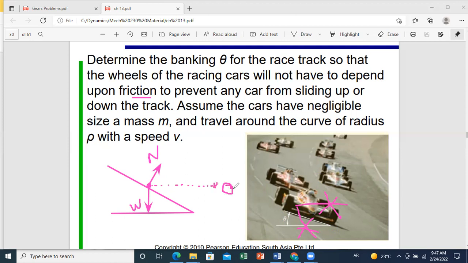Imagine you are looking at your car from top, it's rotating about O. So UN, if I want to represent my vectors now, this is UN. UN is always in the plane of motion. The plane of motion is horizontal, and UN is directed towards the center of rotation. So this is UN.